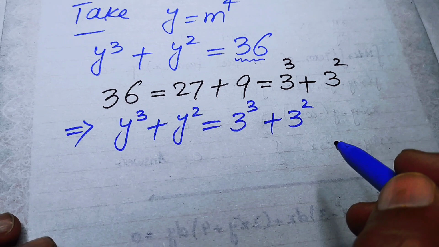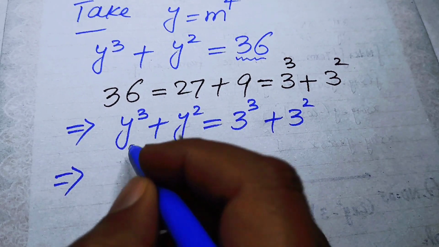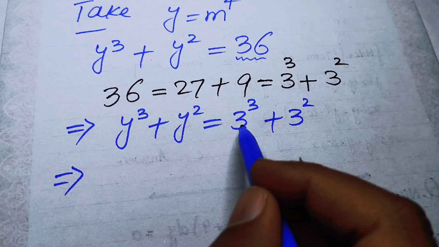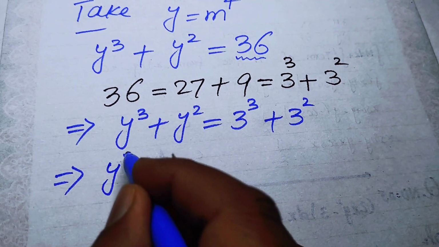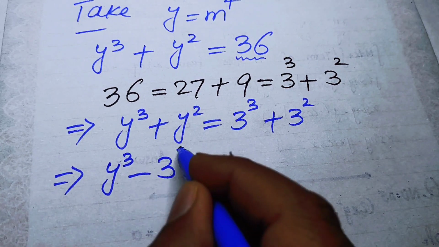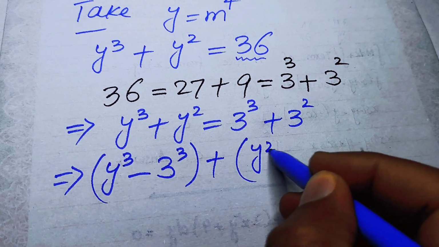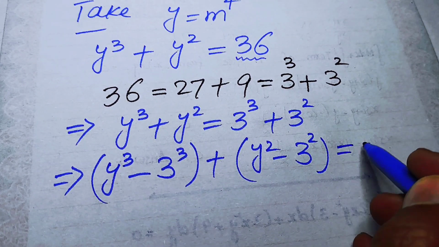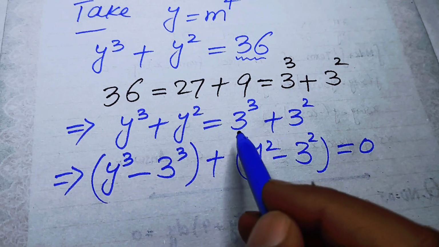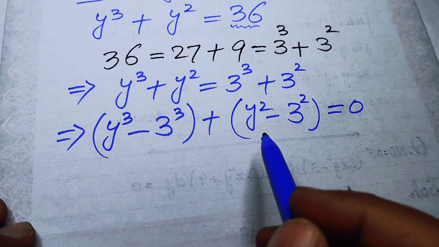After that we can group the cubic term and squared term, so we get y cubed minus 3 cubed plus y squared minus 3 squared is equal to 0.